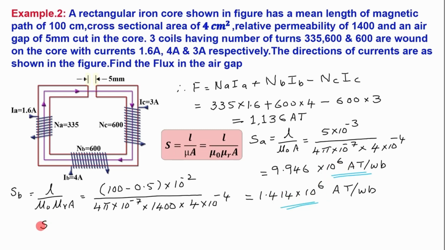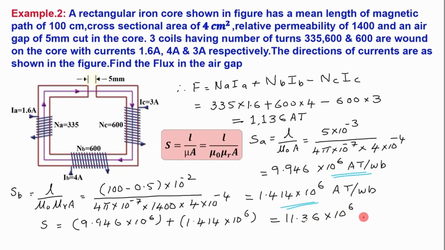Total reluctance S is equal to 9.946 into 10 raised to 6 plus 1.414 into 10 raised to 6. That is equal to 11.36 into 10 raised to 6 ampere turns per Weber.